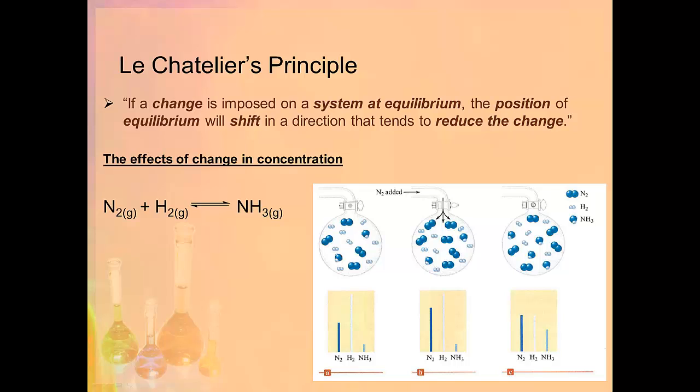Okay, so what's happening if we increase the amount of nitrogen, N2, we're going to shift the equilibrium position to the right-hand side, which means we're going to produce more NH3, and we're going to use up some H2, and compared to the starting conditions, the concentration of N2 is going to be increased as well, because we've added some more in.